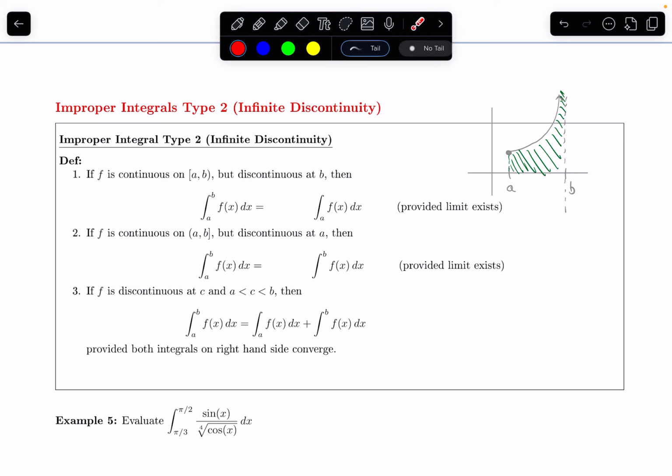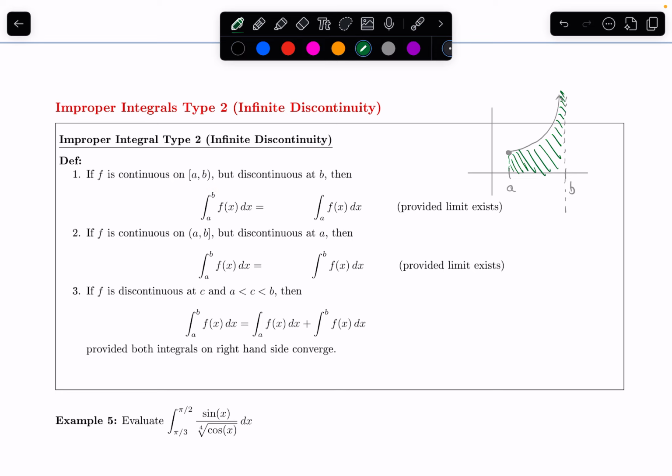To do that, we are going to need to introduce a limit when we evaluate this integral, just like we've seen before. The thing that's making this integral improper is the b here, because b is where this function is undefined, well, discontinuous.